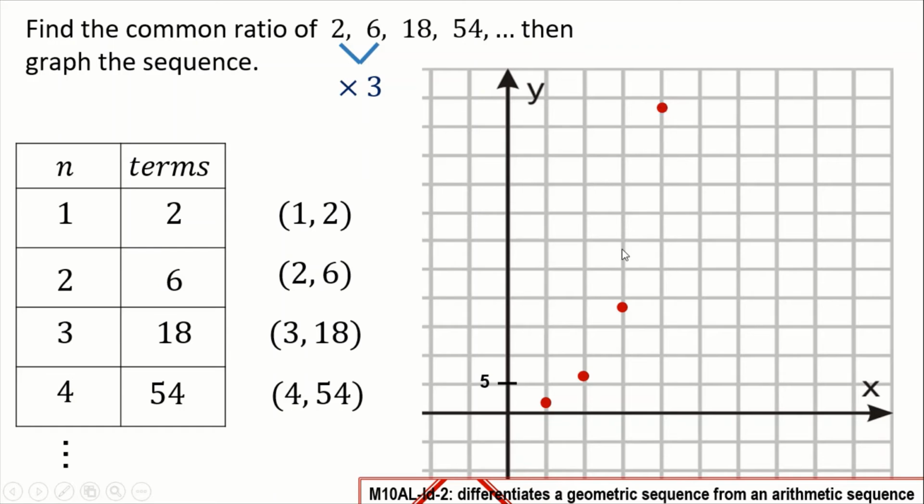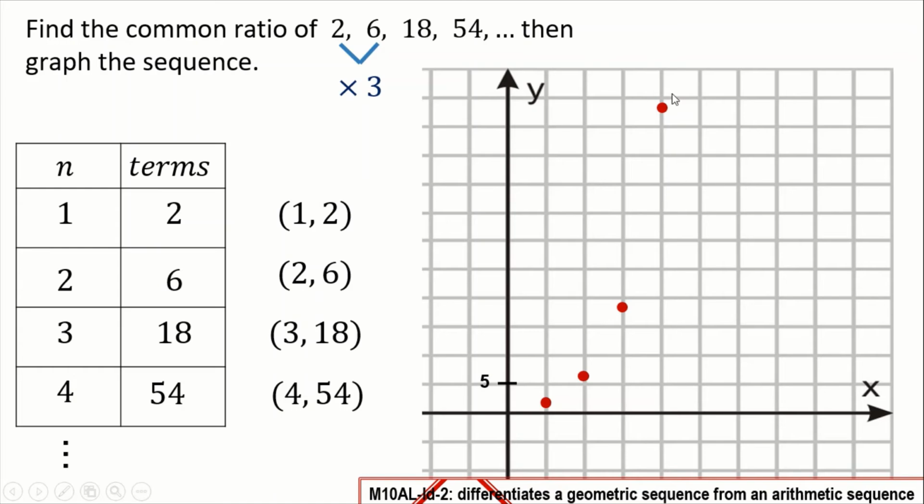So, kung mapapansin nyo, hindi na siya straight line, no? If you are going to connect an imaginary curve dito, the points ay makakabot tayo ng curve. And then, yung mga points niya, they grow exponentially, no?